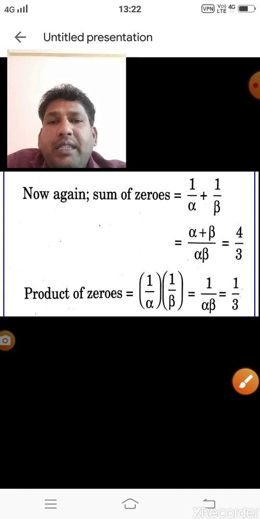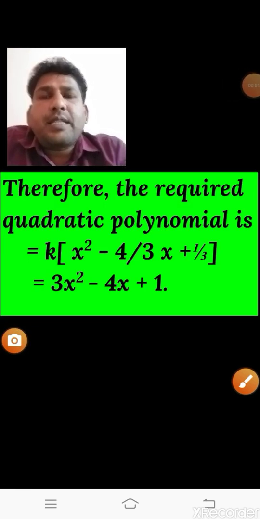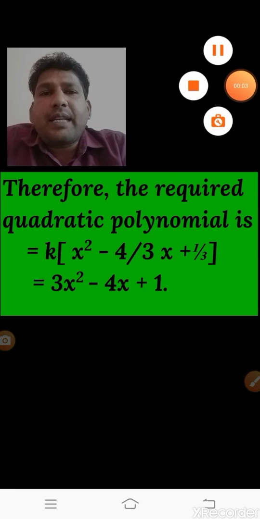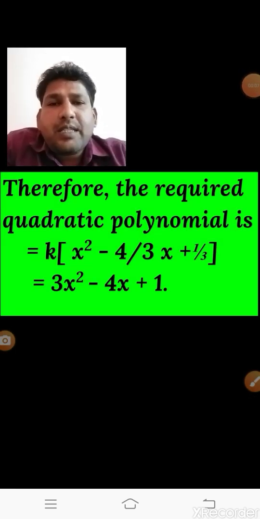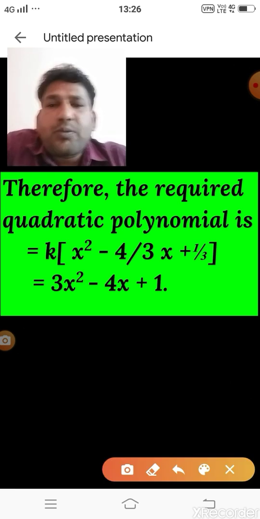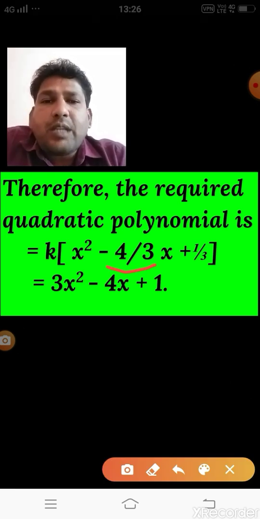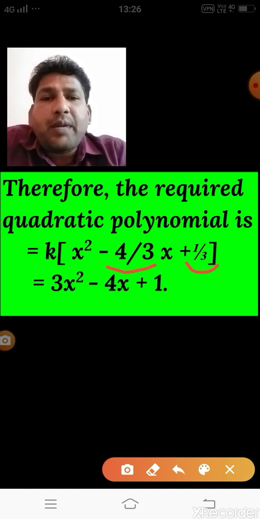Then we are putting these, the required quadratic polynomial is k into x square minus sum of zeros into x plus product of zeros. Then here we are putting the values. Sum of zeros we are getting 4 by 3 and the product of zeros we are getting 1 by 3.